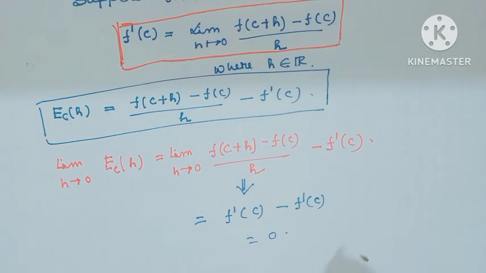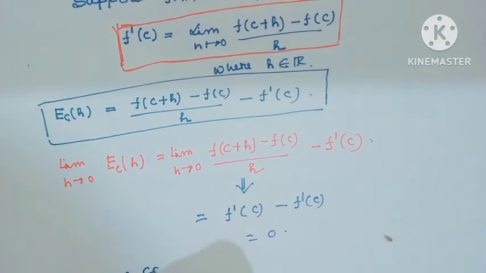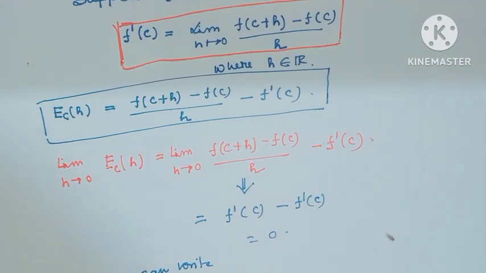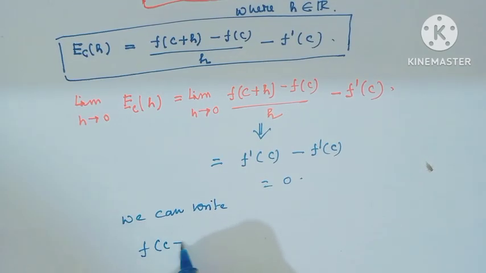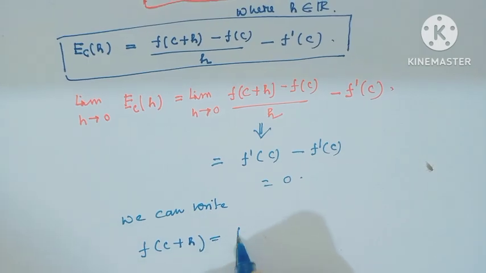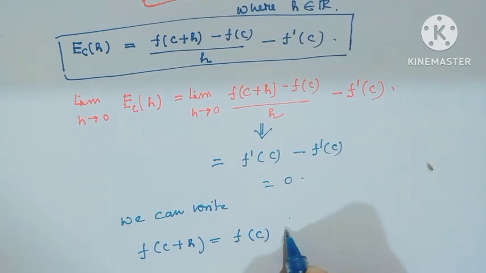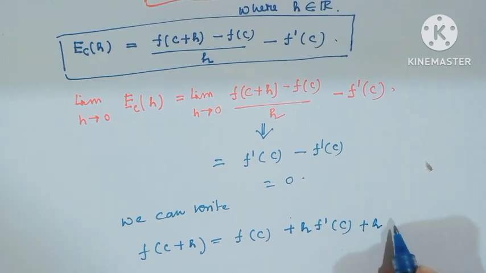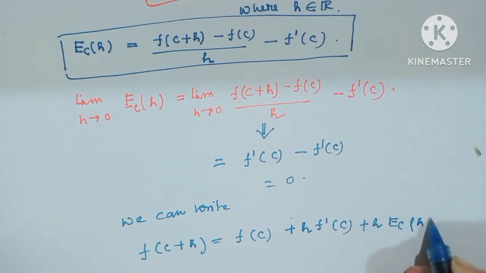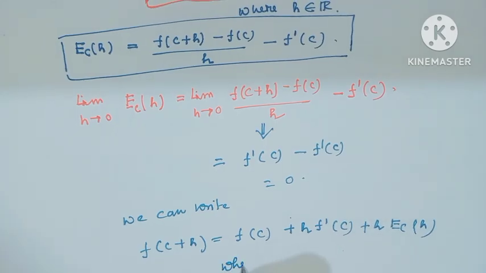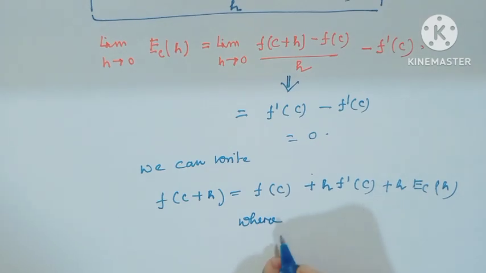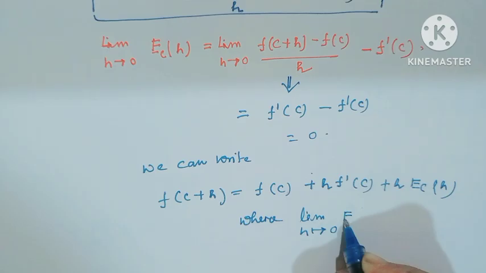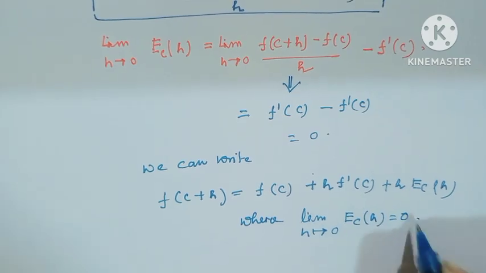Therefore we can write this as f of C plus h equal to f of C plus h f prime C plus h E_C(h), where limit h goes to 0 of E_C(h) equals 0.